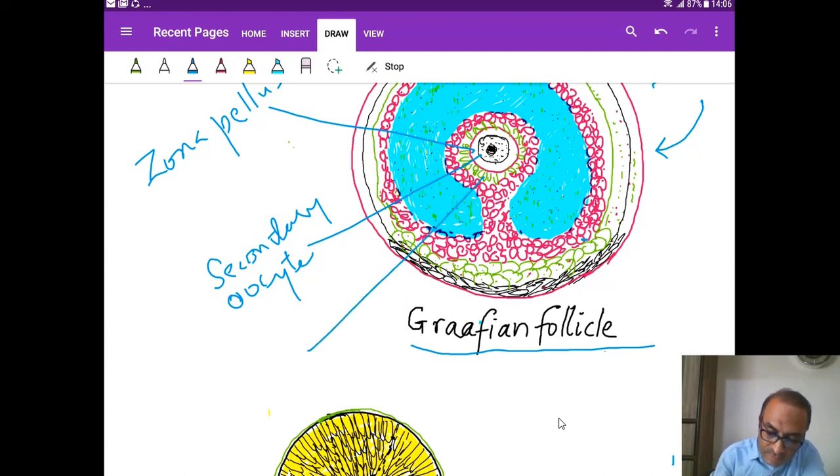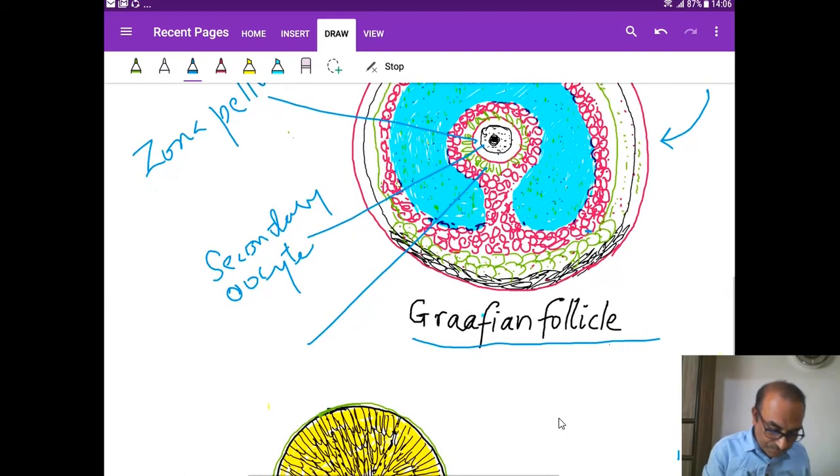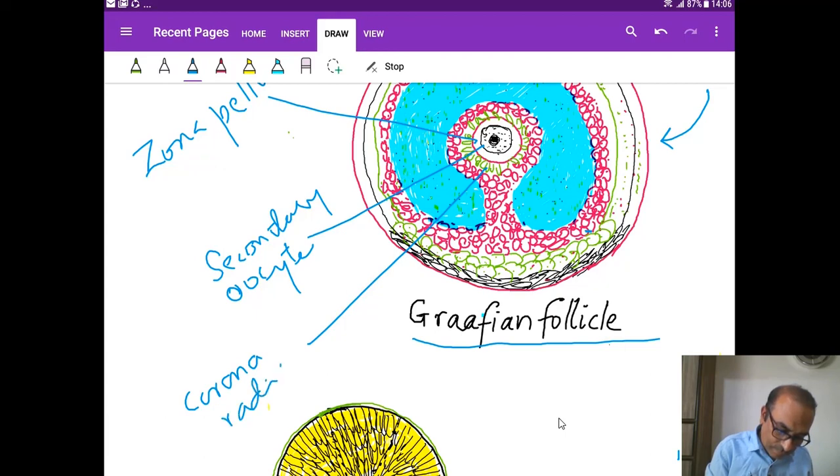This layer, which shows the cells arranged in a radial fashion, is called the corona radiata. Okay, and that is about the structure of the oocyte surrounded with these layers.